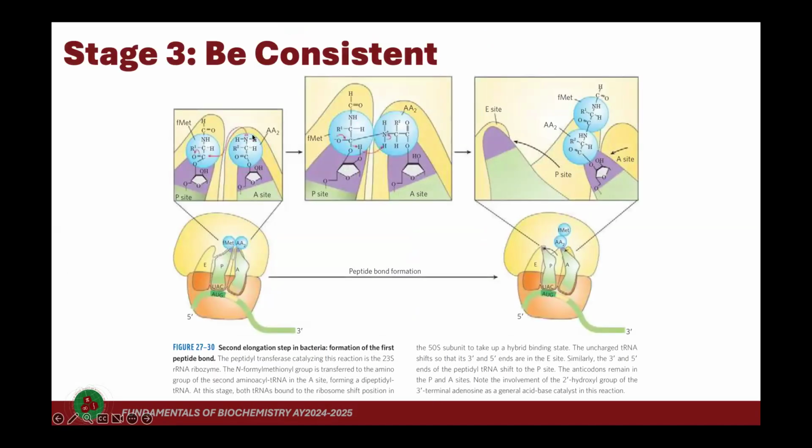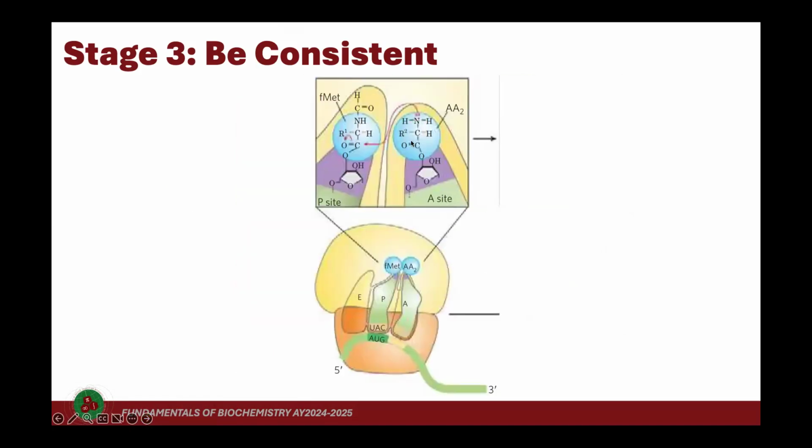So how are they connected? So how is the peptide bond formed? Let's look in detail. So what happens is the amino group of the second amino acid attacks the carbonyl carbon of your first amino acid.